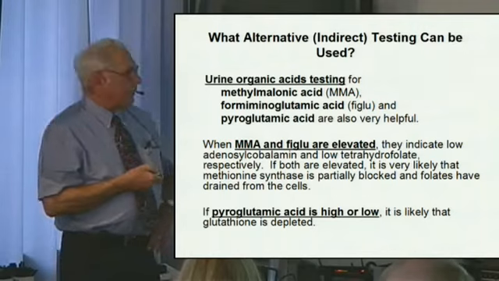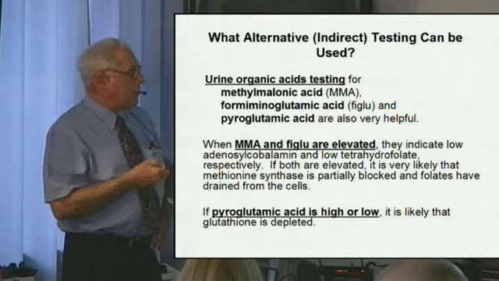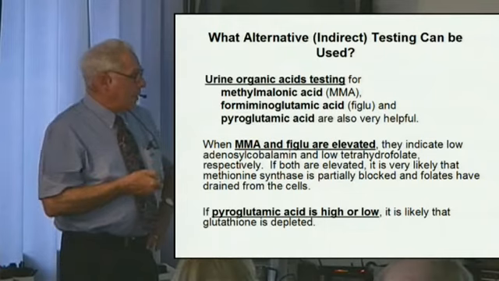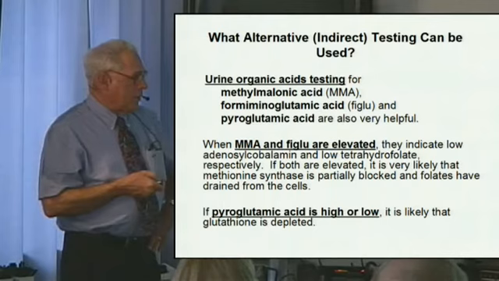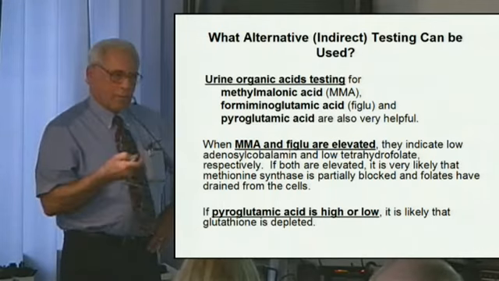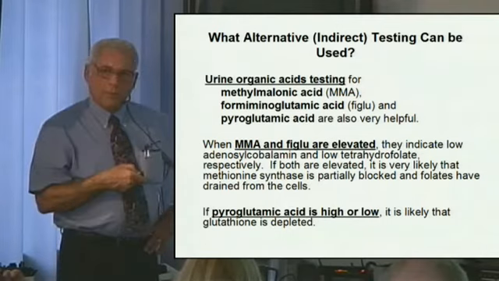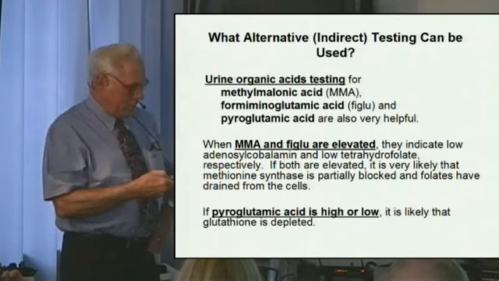So when they're both there, it's a pretty good chance that you have the problem, but it is indirect. And then pyroglutamic, if it's either too high or too low, then likely you have a glutathione problem. And typically in a chronic fatigue syndrome person, you see all of those, okay? You see them all together. So that's a pretty good indication.